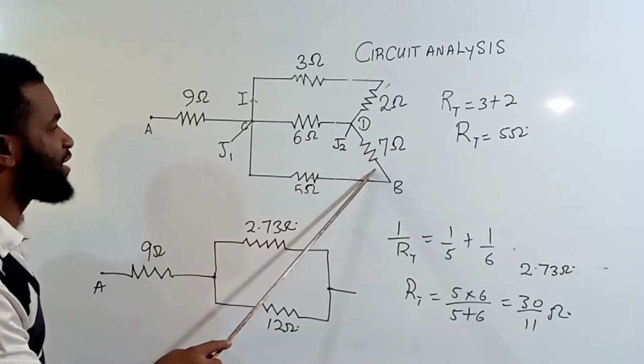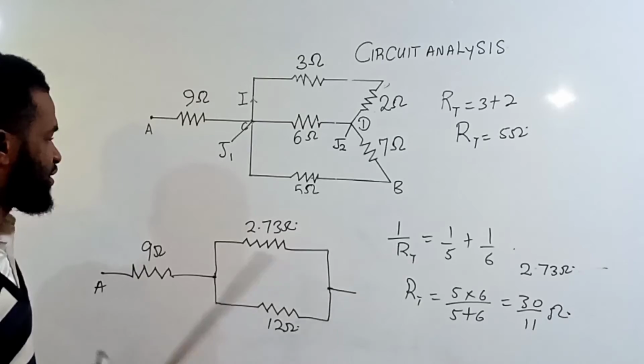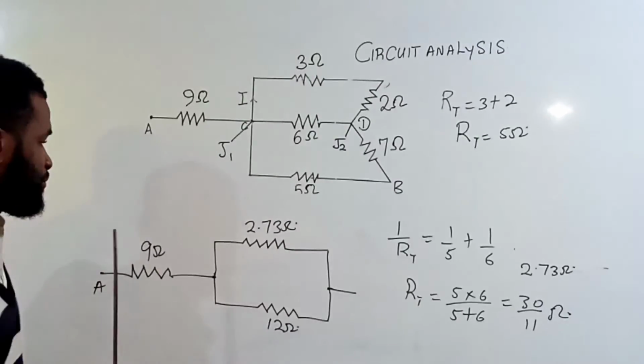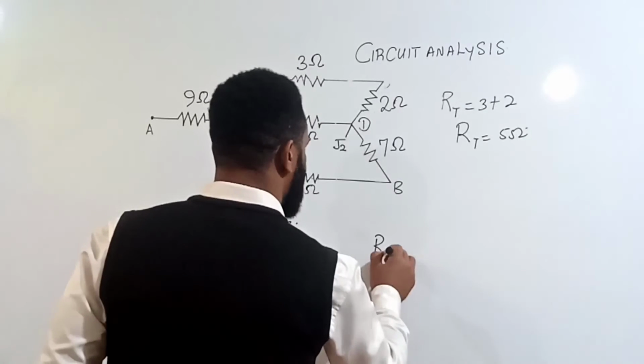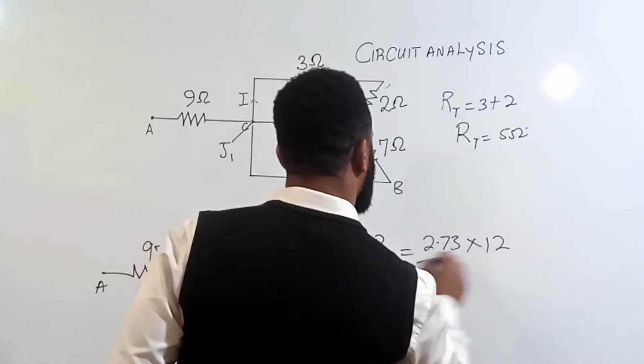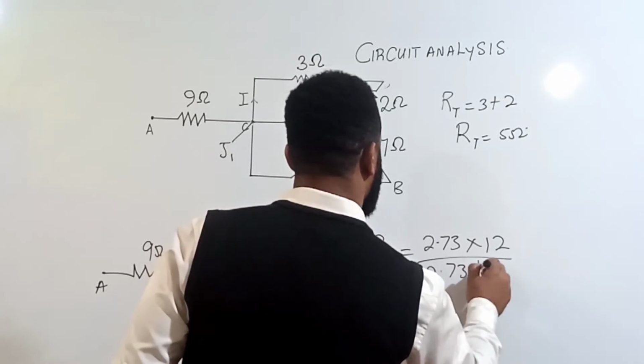Now, this added to this gave me this. So these two of them are going to be in parallel again. So I'm going to say resistance in total is going to be 2.73 times 12 all over 2.73 plus 12.